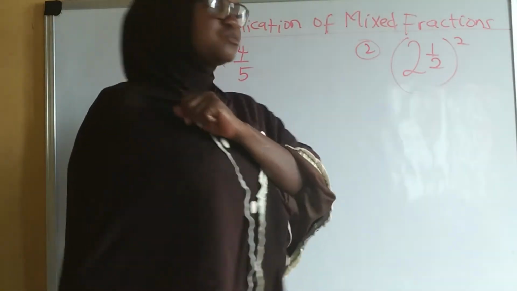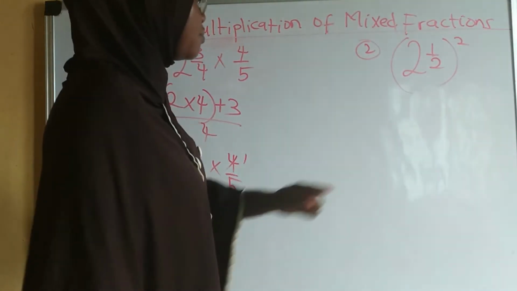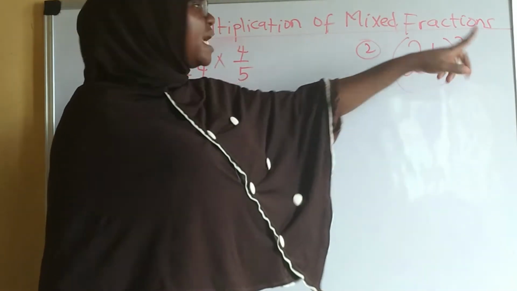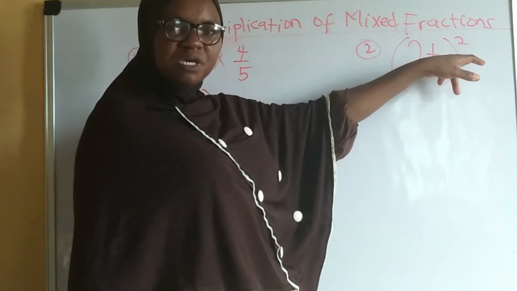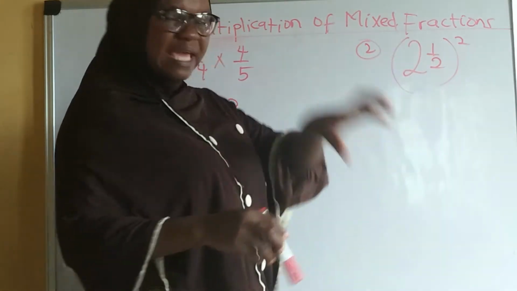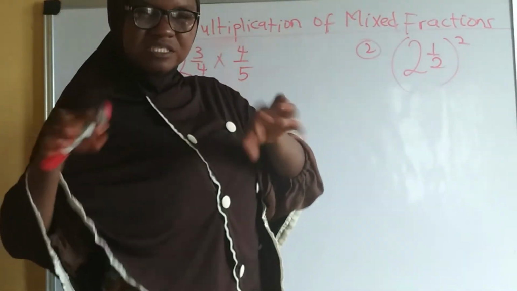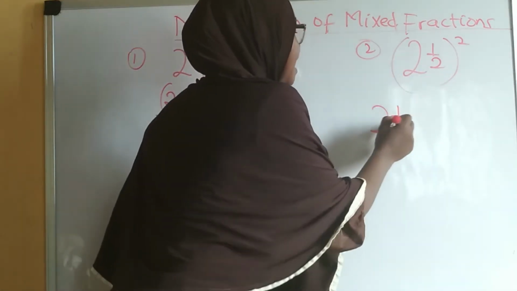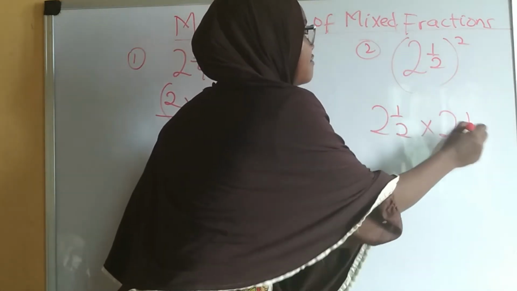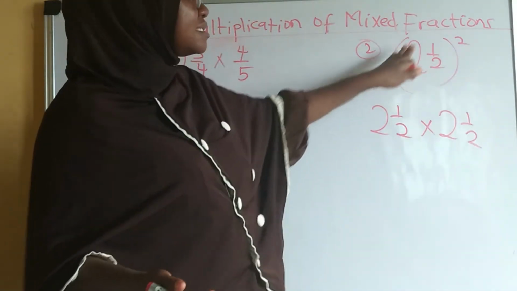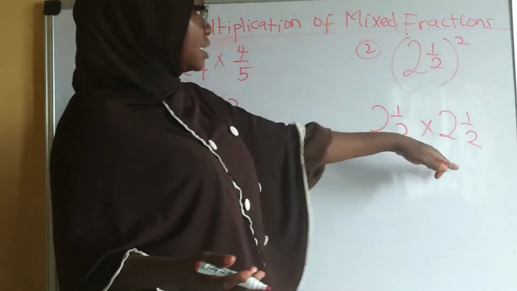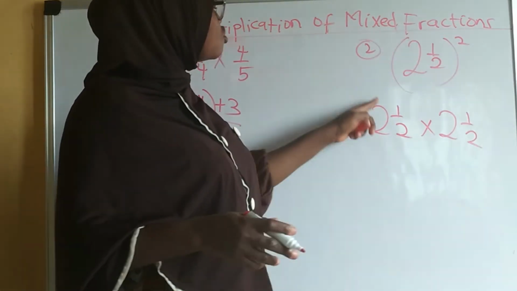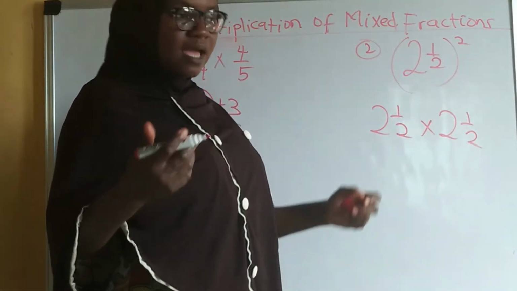Now if that resonates with you, let's look at this next example. This example is 2.5 all squared. Anytime you have a square like this, it means you multiply that number by itself, two places. Does that make sense? What this simply means is 2.5 times 2.5. Easy peasy. This shows you that to the power of 2 is for everything that is there. 2.5 times what? 2.5.